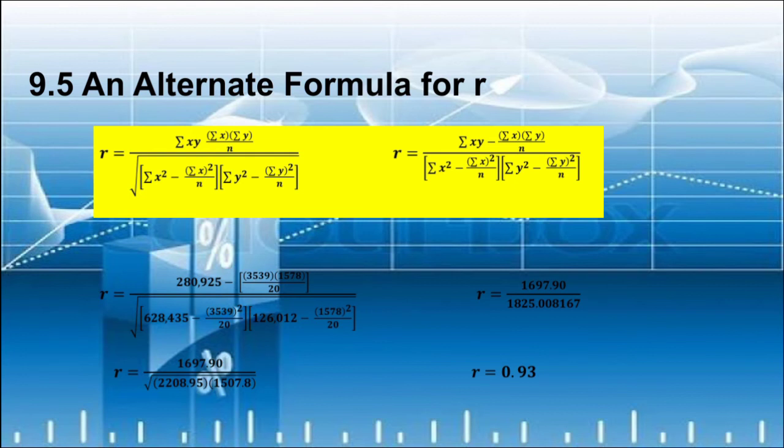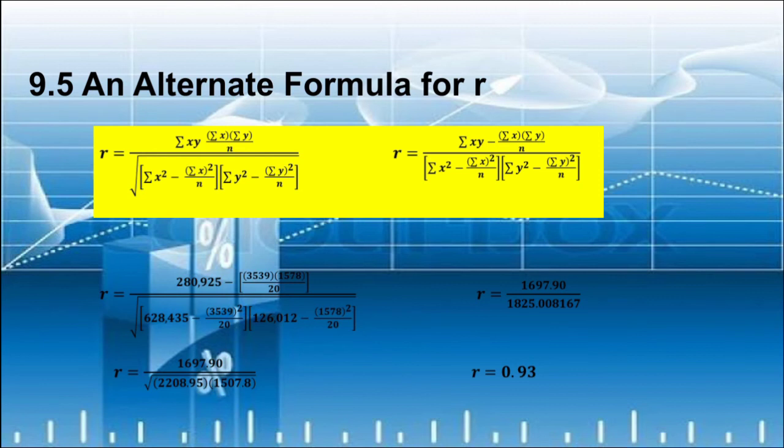r is equal to the value of summation of xy, which is 280,925, minus the value of summation of x, 3,539, times the value of summation of y, 1,578, over the value of n, which is 20.